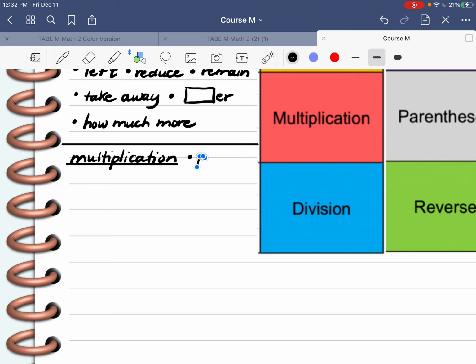Product. Area of. Double. Groups. Multiple.